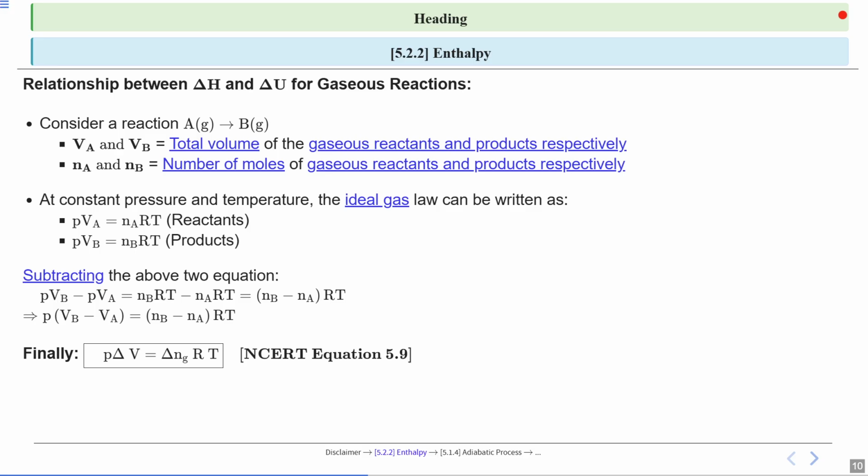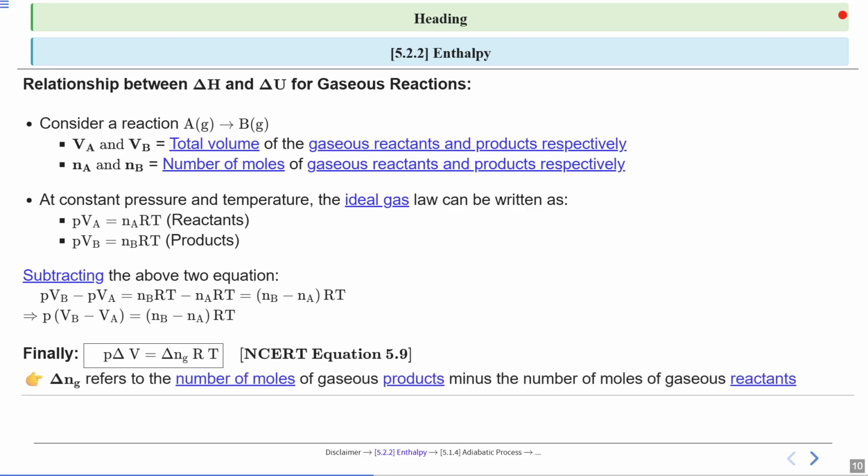Now, I have used a very special kind of subscript here for the N. Rather than writing it as simple N, I am writing it as Ng. What is that delta Ng? It is the change in number of gaseous molecules when we are moving from the reactant to product. So remember, this change in moles or molecules is only related to the gases and not to any other state. Now remember this equation, P delta V equals delta NgRT.